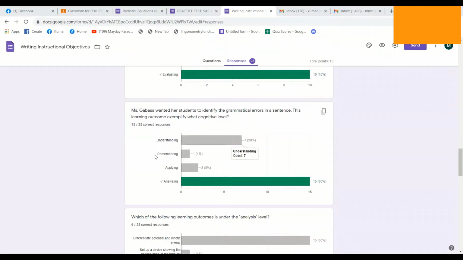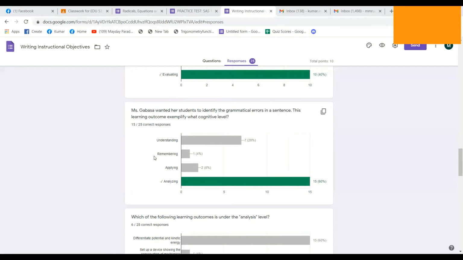Next one, Ms. Gabasa wanted her students to identify grammatical errors in a sentence. This learning outcome exemplifies what cognitive level? Okay, when you identify the grammatical errors, you're given a sentence. Then you break it into parts, and from breaking into parts, you identify the errors.